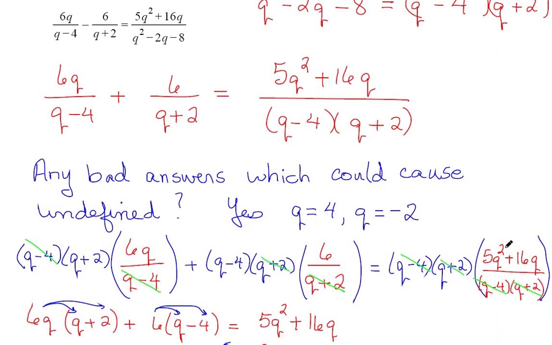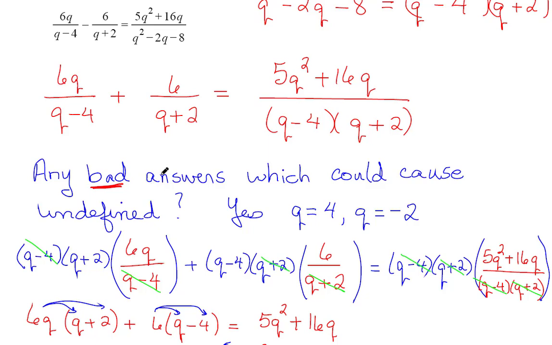Well, yes, if q happened to be 4, 4 minus 4 is 0, and the whole problem blows up. If q is minus 2, minus 2 plus 2 is 0, and this piece blows up. So, yes, we do have some bad answers, some things I don't want to get.